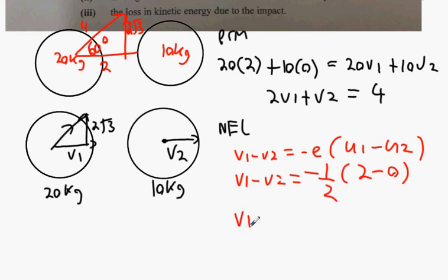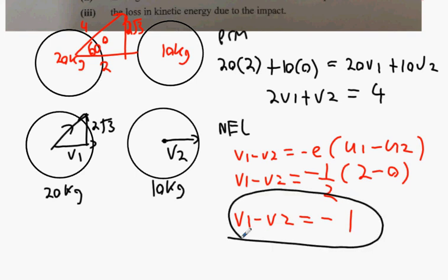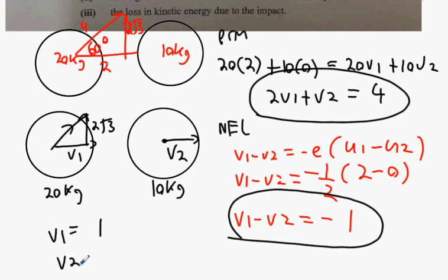So V1 minus V2 equals minus 1. Okay, you're going to solve them in the usual manner. Do we need both of them, or just one of them? No, we need both of them. I won't bother with the actual simultaneous equation because we all know you can do them. Okay, V1 ends up equal to 1, V2 ends up equal to 2.